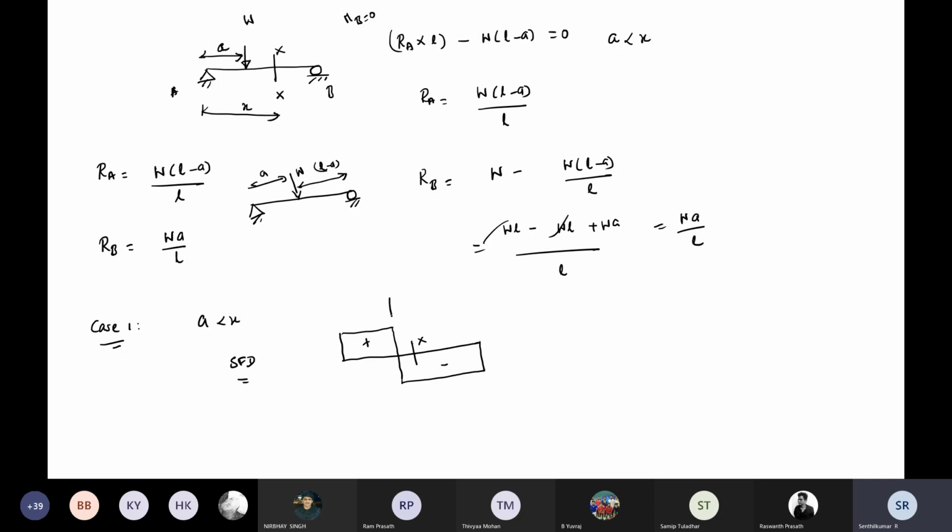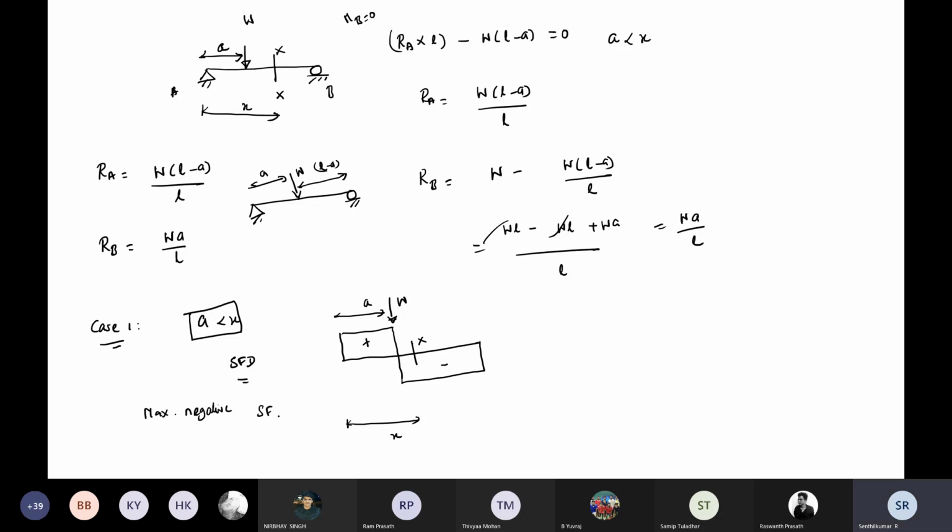Here is your loading point W. So your A is less than X. When your A is less than X, at the section X you are getting maximum negative shear force, that is nothing but your RB value. So you can understand, when A is less than X at the section, you will get maximum negative shear force.